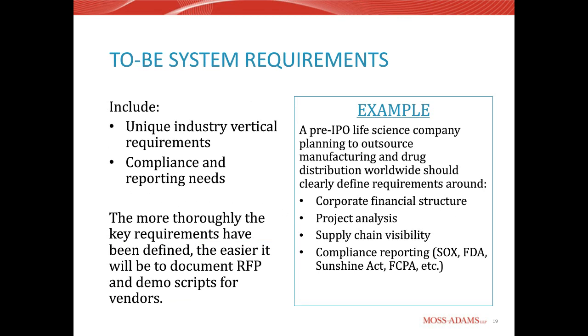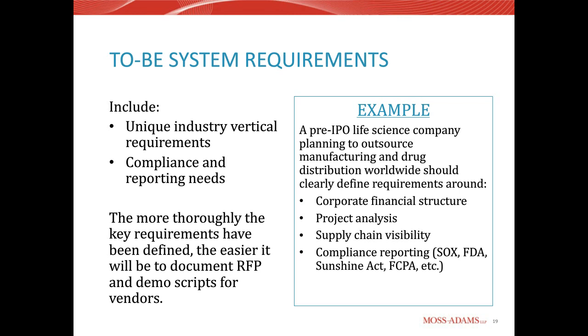So let's talk about the key things to consider in defining your to-be system requirements. Besides the general requirements that are common to clients in any industry, you want to make sure you focus on your unique industry vertical requirements. And you also need to focus on your compliance and reporting needs.